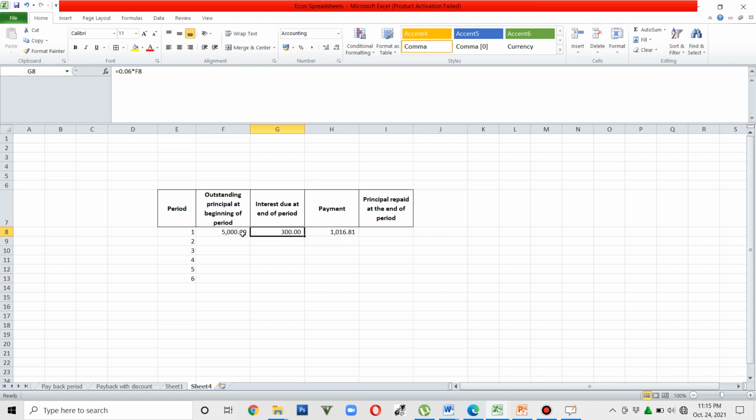Kasi ang principal lang babayaran mo plus interest. So basically, yung payment equals yung payment minus yung interest due. Of course, ito yung principal na nabayaran mo. Okay? So that is 716.81.